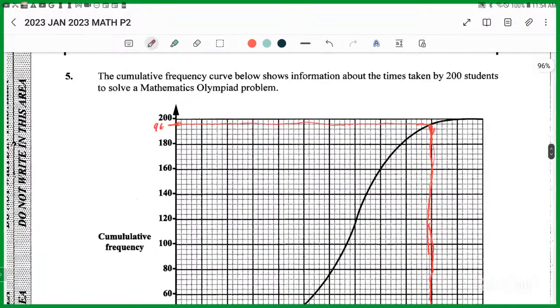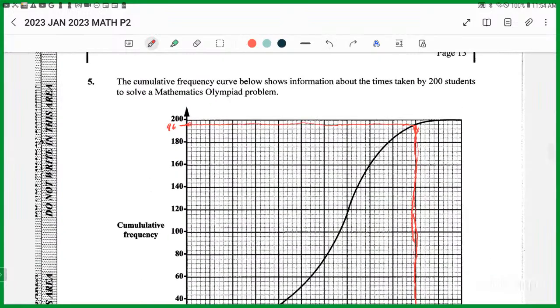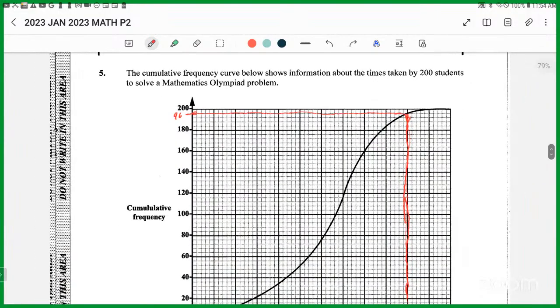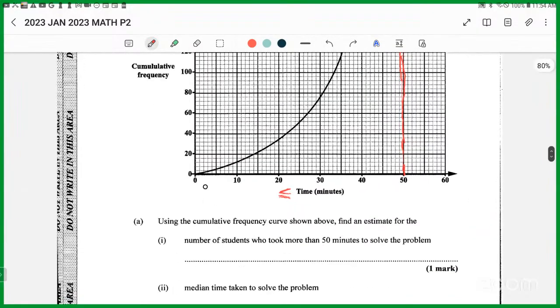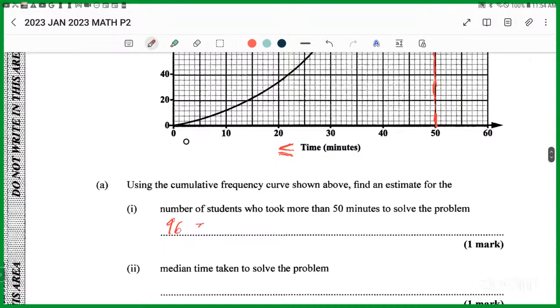And so the rest of them at the top took more than 50 minutes. You can say it like that. Or 96 took less than or equal to 50 minutes, so the rest of them took more. So let's write it like this. 96 took less than or equal to 50 minutes.